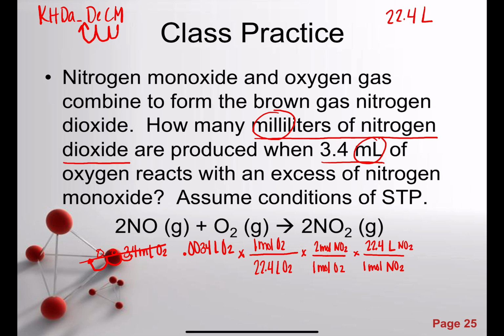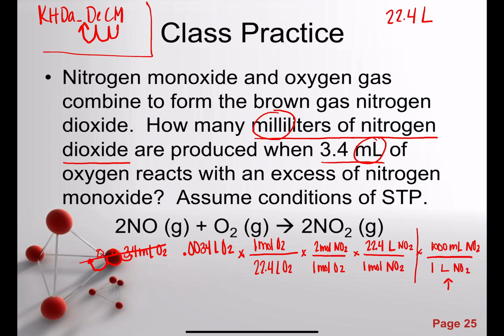Now, if I want to go ahead and convert this to milliliters, I can do this in my stoichiometry problem. In 1 liter of nitrogen dioxide, there's 1,000 milliliters of nitrogen dioxide. You can set up a conversion factor like that. That's optional. If you want to leave this last piece off and just work it to here, that's fine too. And then you can just use Kentucky Has Dark Deep Coal Mines and convert.